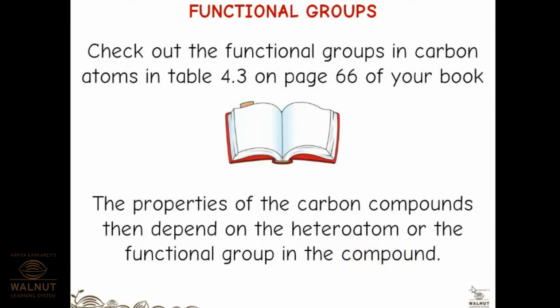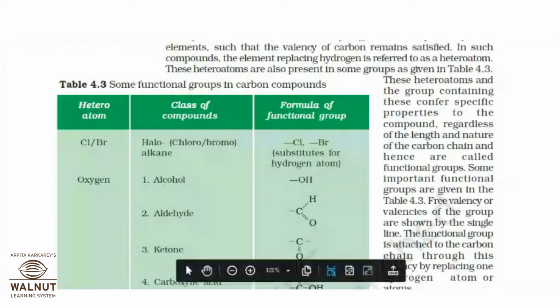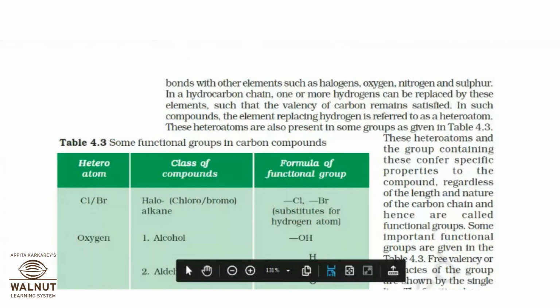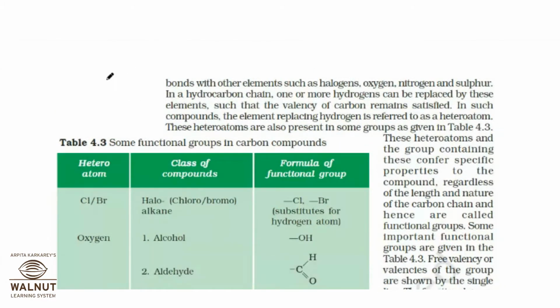So we will move to the textbook now. This heteroatom and the group containing it confer specific properties to the compound. That is what I explained: when you call CH4 methane, and you replace one of its hydrogens with chlorine, will that compound show the same property?